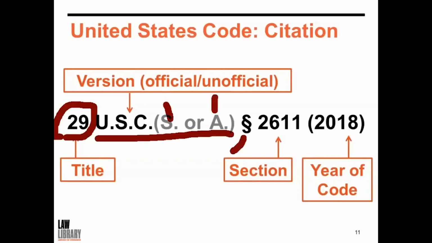If you've never come across that, or if you've come across it and wondered what that is, I call it a double S, or a section symbol. And then the section of the code that we're referring to. So in this case, the author of whatever you're reading wants you to go to 29 U.S.C. section 2611 to support the principle that they've cited in their work, right? This is the basis for their statement. And then you also should include the year of the code that you're using afterwards. And that's helpful for people, because changes are made over the years.